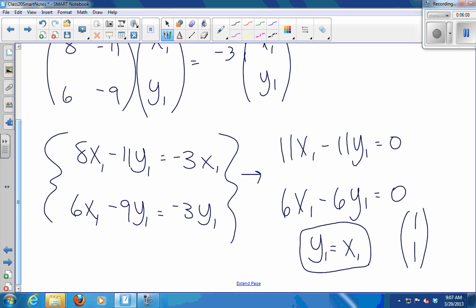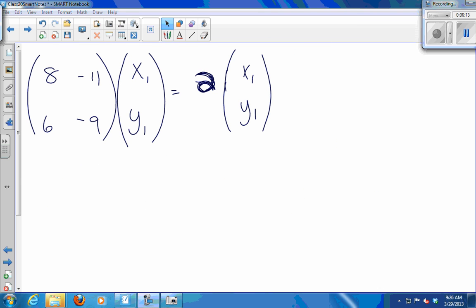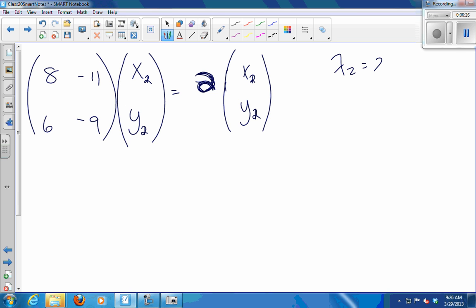Now you find the one associated with lambda 2 equals 2. You can speed up some of the arithmetic by just telling me what you got. We solve the equation A times v2, because we're now using lambda 2 equals 2, which is Av equals lambda v. Let's just do it out.